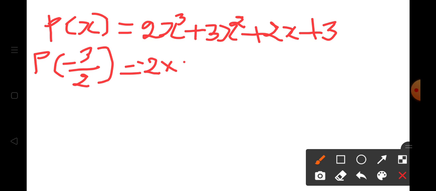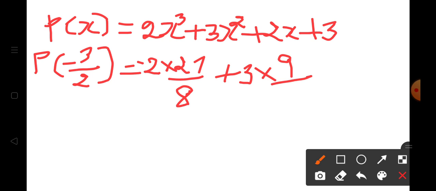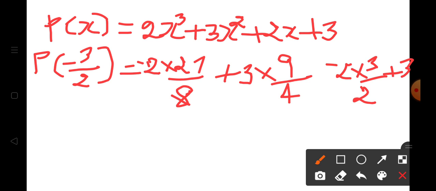Minus 27 by 8. Plus 3 into minus 3 by 2 whole square. And what is the answer? Plus 9 by 4. Minus 2 into minus 3 by 2, plus 3. Now we cancel these 2 and 8.